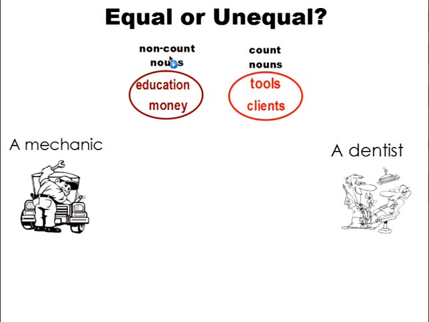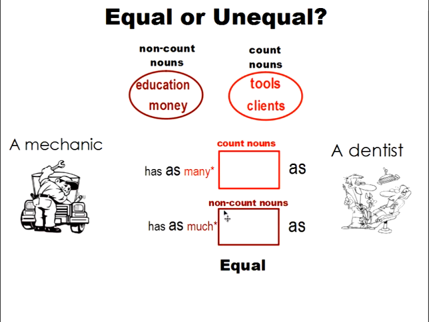And these are important when we compare, especially when we're saying they're equal or unequal. So let's think, okay? Now, if I say that 2 things are equal, I'm always using the as and as. Remember from before. But it's important to think, well, for count nouns I use many, and for non-count nouns I use much.